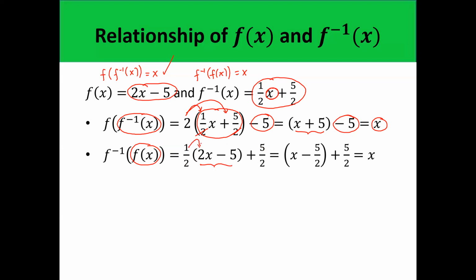If we distribute the 1 half, we get 1 half times 2x, which is x. 1 half times negative 5 is negative 5 over 2. And then we have the plus 5 over 2. So x minus 5 over 2 plus 5 over 2 will be equal to x. So this second composition is satisfied.